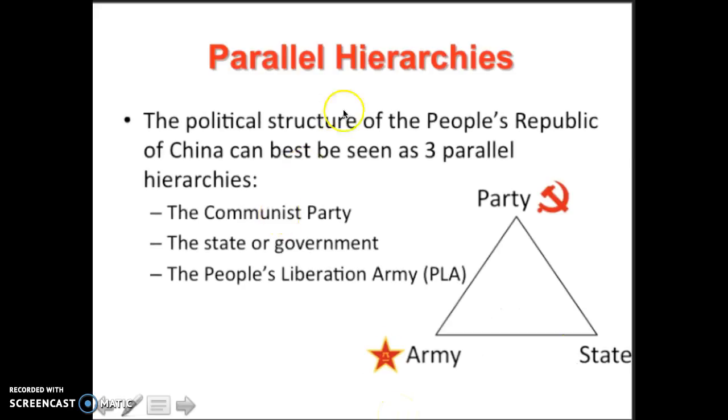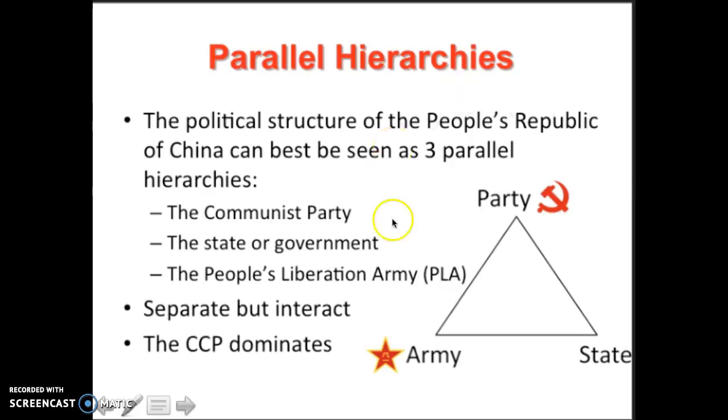So the political structure of the People's Republic of China can be seen as three parallel hierarchies. They are separate, but they interact with each other, with the CCP or the party being at the top. I'm going to show you another chart that will help show you the parallel hierarchies.